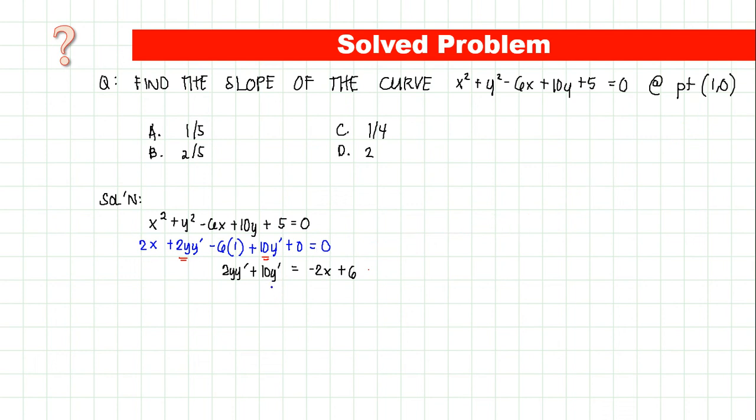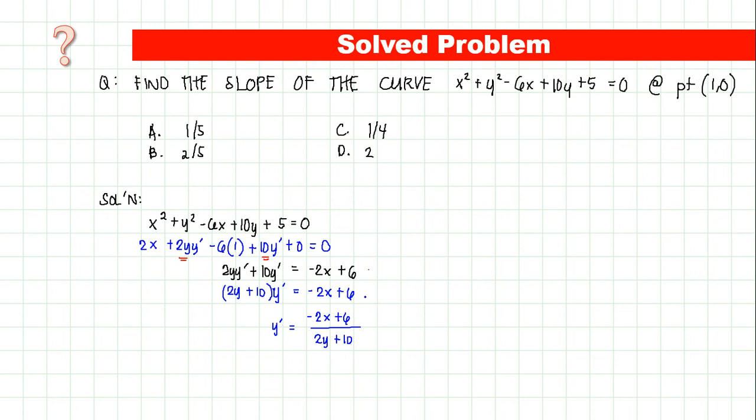I-factor out ko lang muna yung y prime. So, 2y plus 10, di ba? Naka-factor out yan. Y prime is equal to negative 2x plus 6. And y prime is equal to negative 2x plus 6 over 2y plus 10.